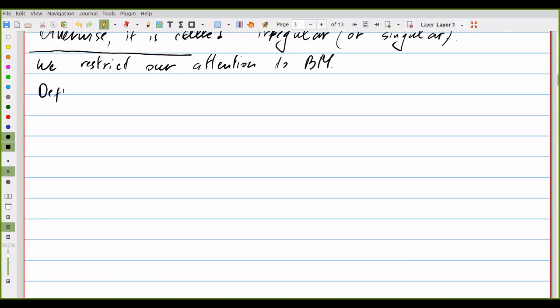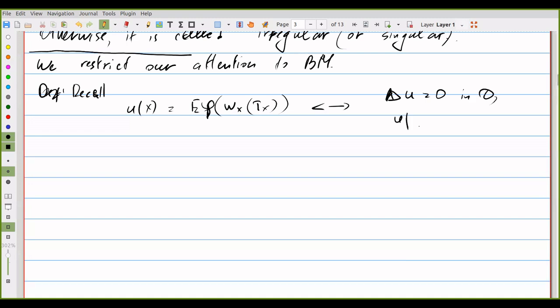So let us recall. We call our function u(x) = E f(W_x(τ_x)). So this is the object of our investigation, and we want to link this to the solution of this Dirichlet problem for at least continuous f and D such that we are in the setting of the previous proposition.